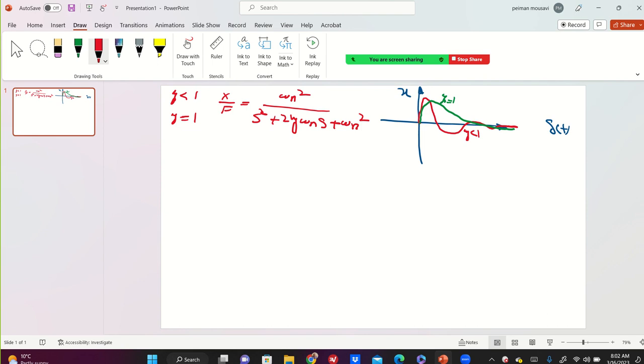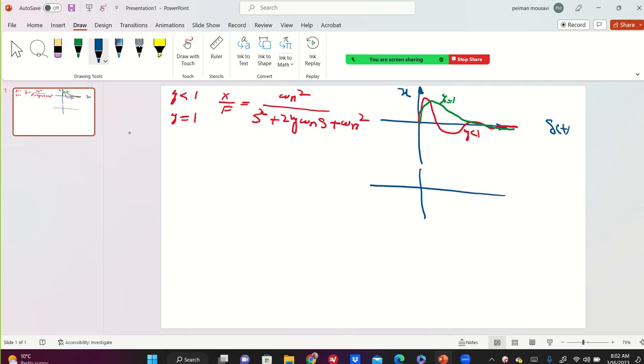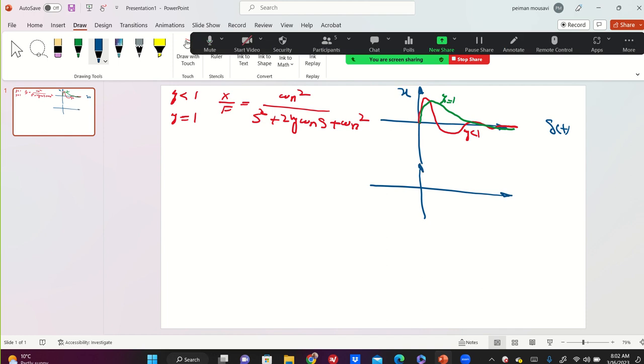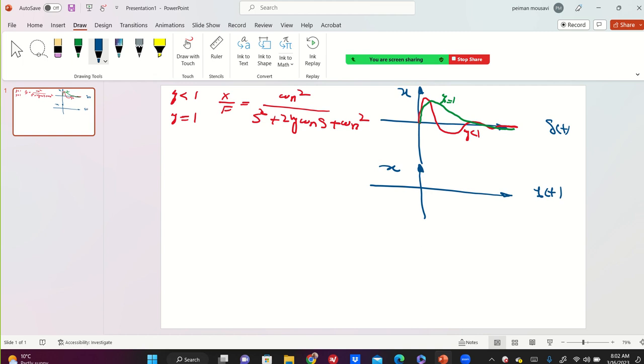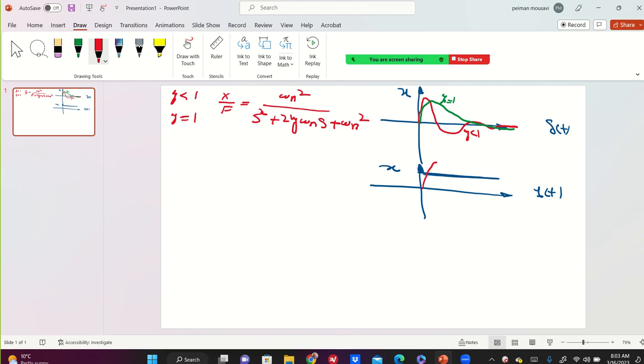And then we saw that if we apply a step as the input, this was for the under-damped system and this was for the critically damped system, right?